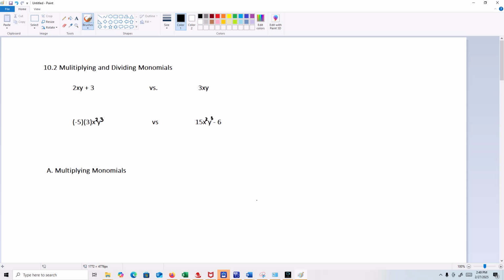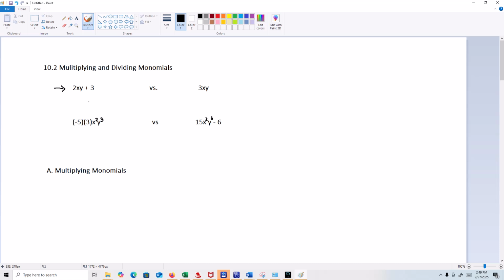Hi, today we're going to talk about section 10.2, multiplying and dividing monomials. So looking at this first line right here, we have 2xy plus 3.